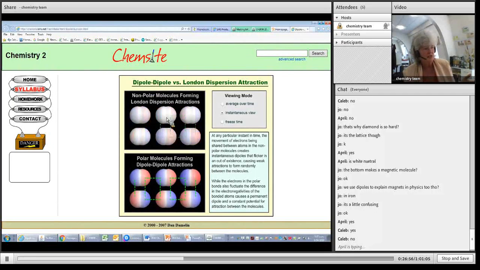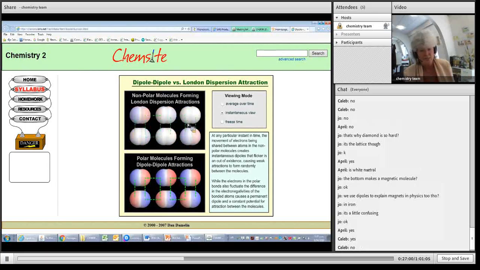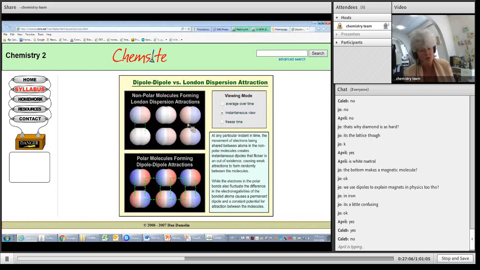So recap this. The strength of these attractions is affected by the mass of the molecule, the number of electrons, and the shape of the molecule. So you can actually get very strong instantaneous forces of attraction. The polar molecules have got both those temporary forces of attraction as well as the permanent force. And what do you think affects the size of the permanent force of attraction?